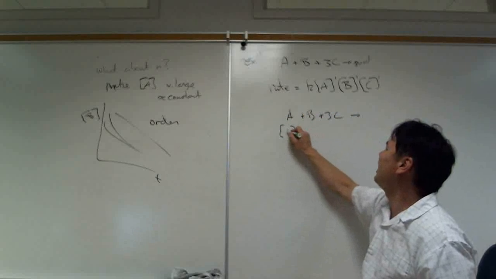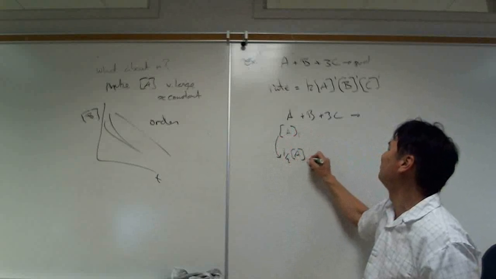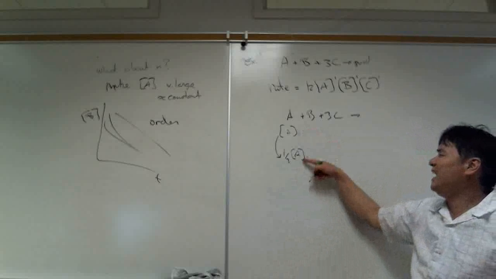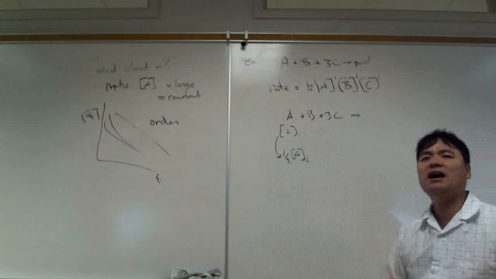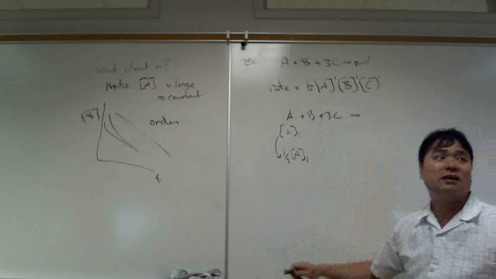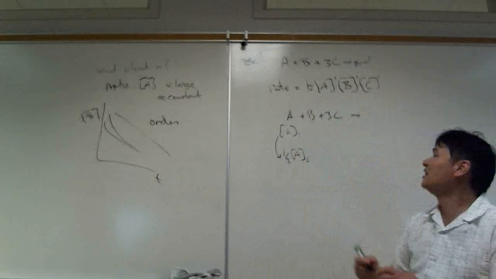I start off with A initial, and I cut it in half so I have 1/2 A initial. If it's first order in A and I cut the concentration in half, what happens to the rate? The rate gets cut in half.